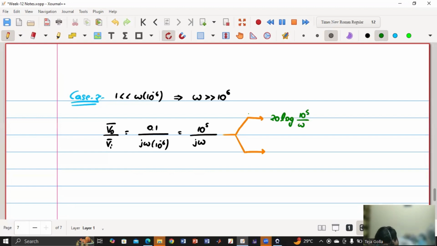Or I can write it as 100 minus 20 log omega, right? Agree? Now what is the phase? Minus 90 degrees.